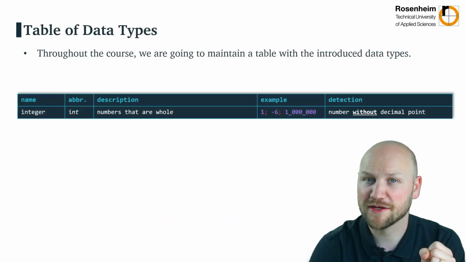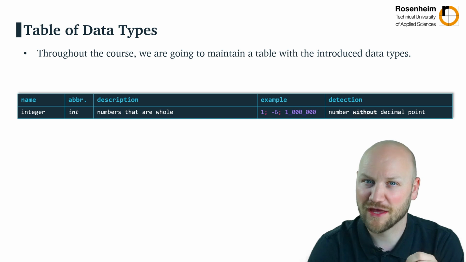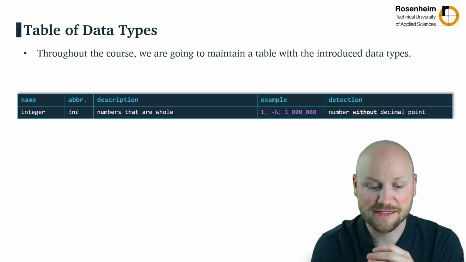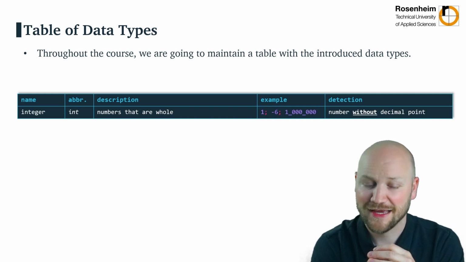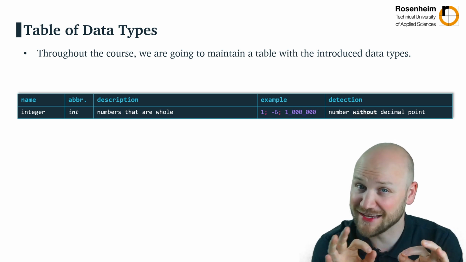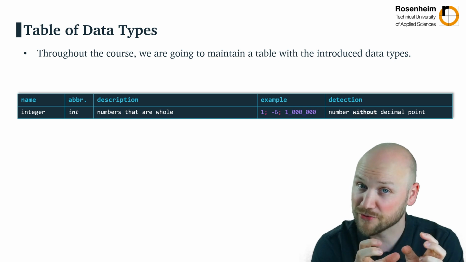And we are going to maintain over the course a table where we have all the data types that we are learning about listed. The first entry here, the first row, is integer. And in short, that's how Python is talking about this data type. It's just int. And the description is that this is about numbers that are whole.